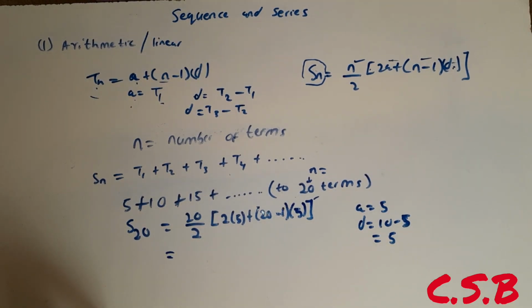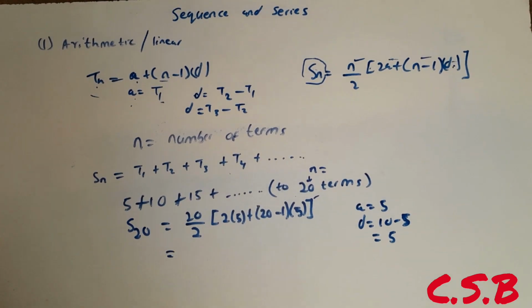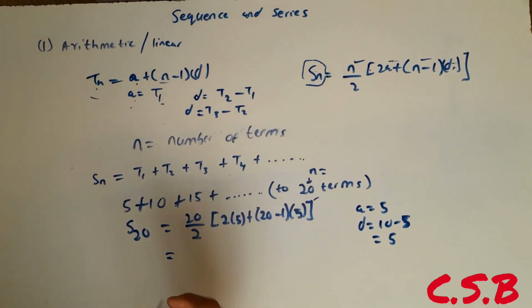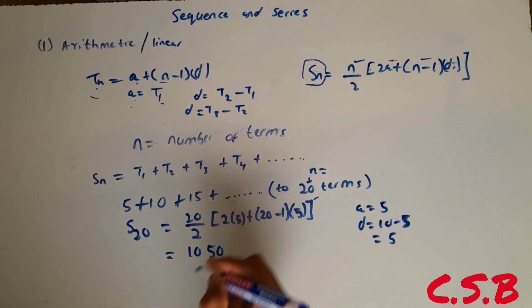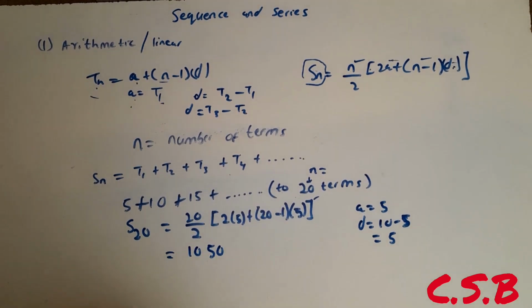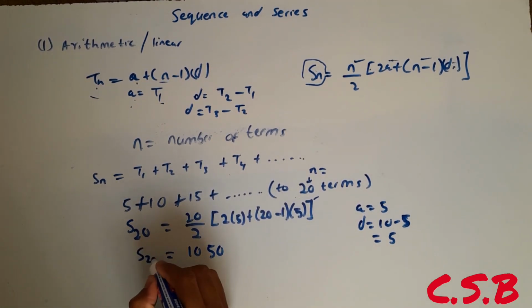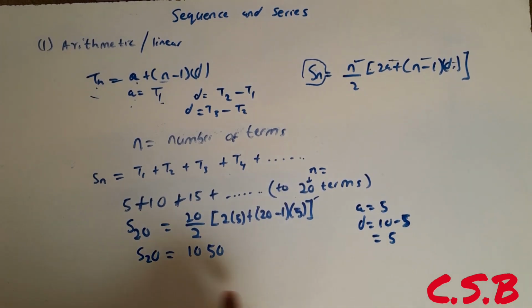Let's punch our calculators. In my calculator I get 1050. So the sum of the 20 terms of this sequence is 1050.